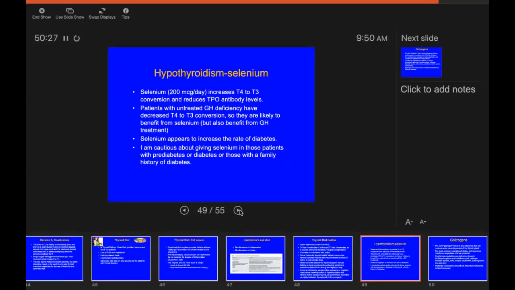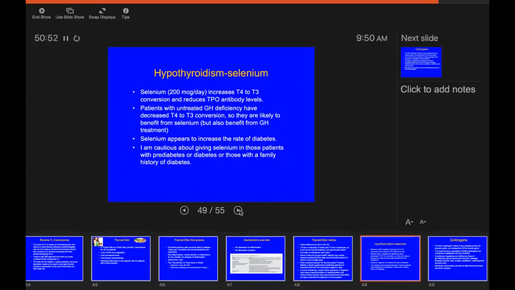Now, on the other hand, selenium, I think, is a pretty interesting supplement. It does increase T4 to T3 conversion. It reduces TPO antibody levels, so it's a pretty good supplement for that. Patients with untreated growth hormone deficiency have decreased T4 to T3 conversion, so they're likely to benefit from selenium, but again, I'm a big fan of growth hormone, and people that need it, just give them growth hormone, you correct the problem. There is some literature that selenium increases the rate of diabetes.